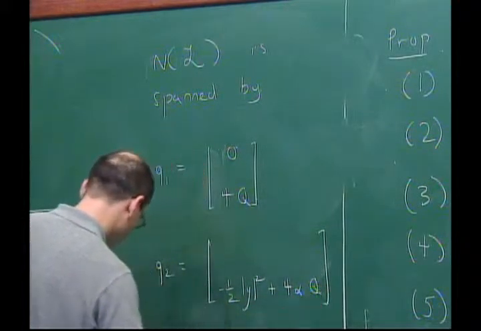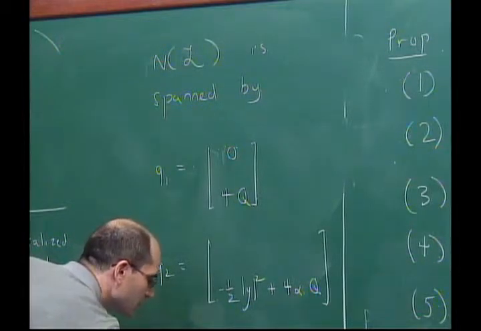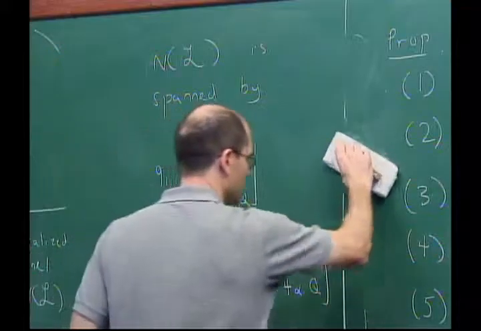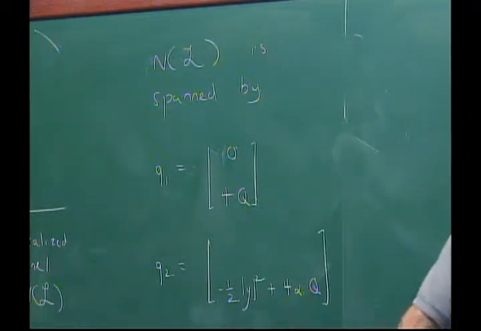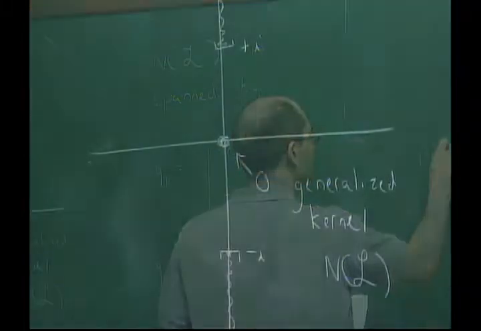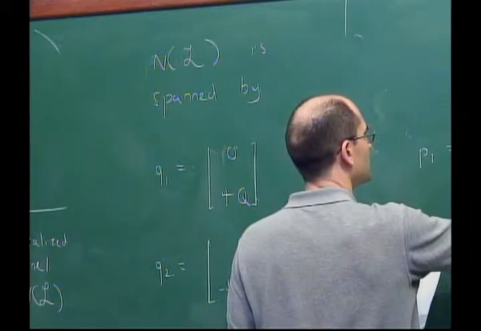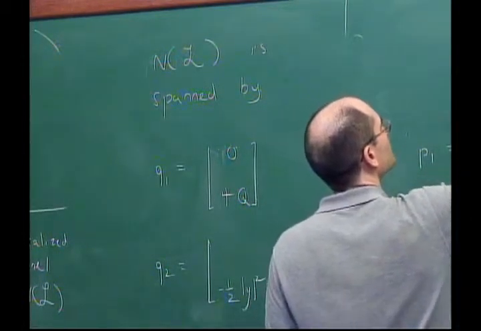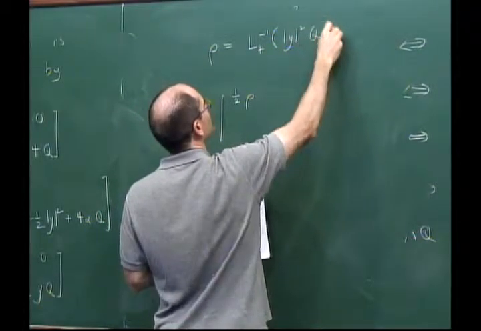But I'll just write the answer. There's Q1, Q2, Q3, and P1, which is 1/2 rho. Rho is defined to be L plus inverse of y squared Q.